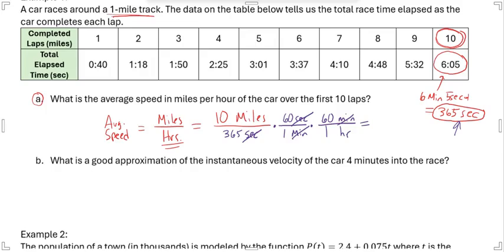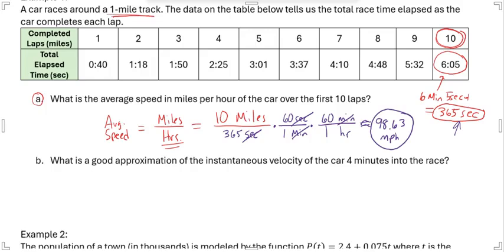You would have 10 times 60 divided by 365. I have a calculator on hand, so I'm going to use that. 10 times 60 divided by 365. I'm getting approximately 98.63 miles per hour. So we can say that that's about how fast the car went, or that was its average speed over the 10 laps.